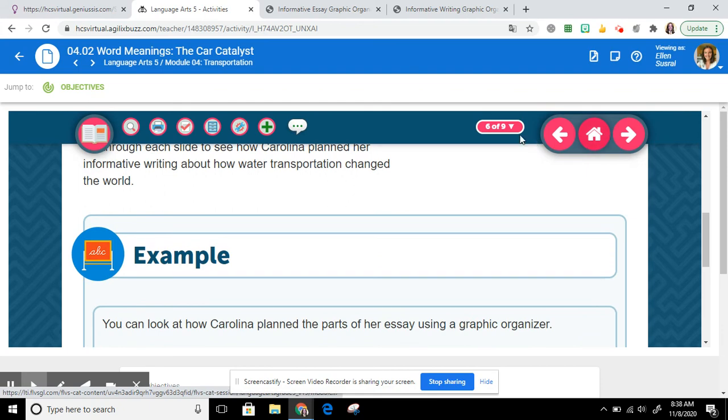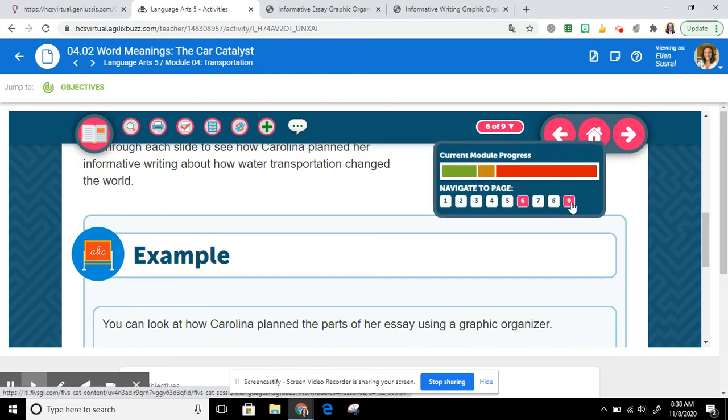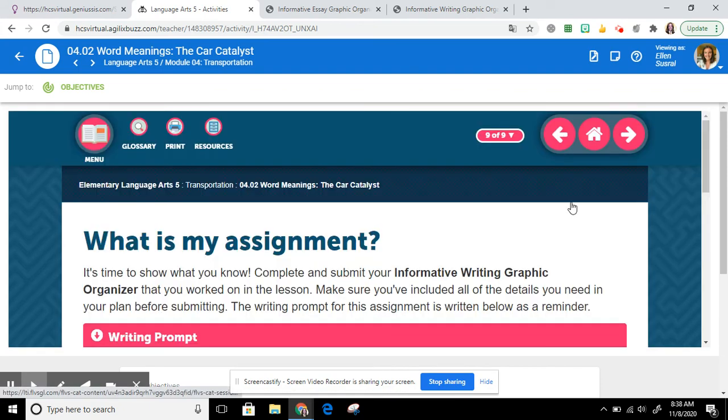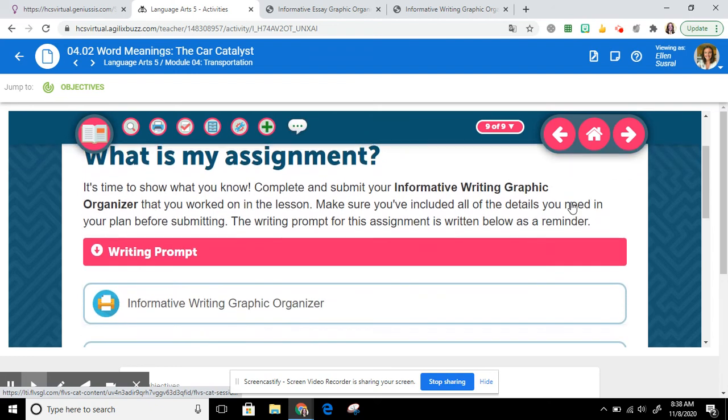All right, so once you've read both the stories, and again, the first story, Tracing the Tractor's Legacy, is on page 6 of lesson 0401. And then once you reread The Car Catalyst in this lesson 0402 on page 4, make sure you look at the example on page 6 of 0402.